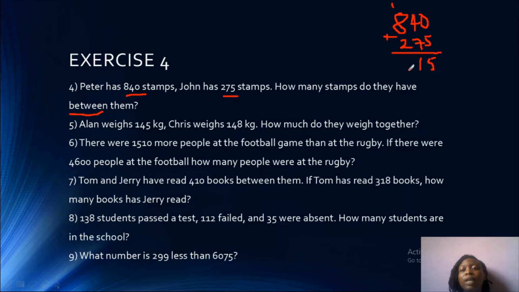Carry 1. So 1115. I hope I'm correct. So you solve it and then see if this answer is correct. So that's what you're going to do under word problems. So you solve these word problems. Just to revise, let's refresh our memories again on these word problems.